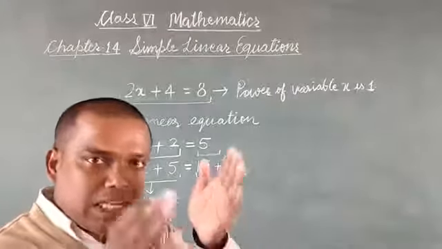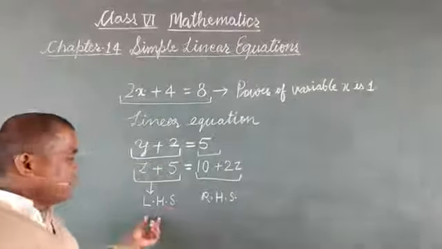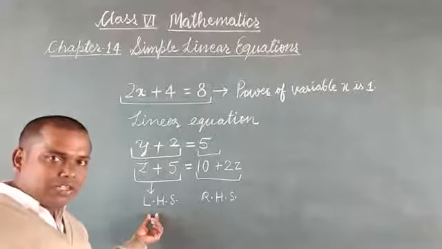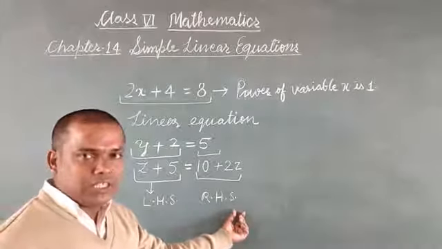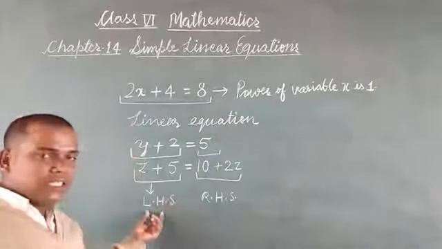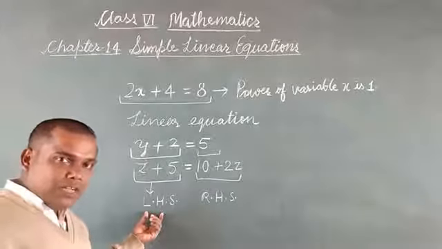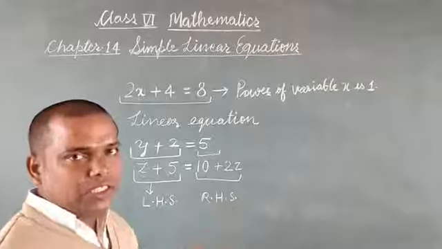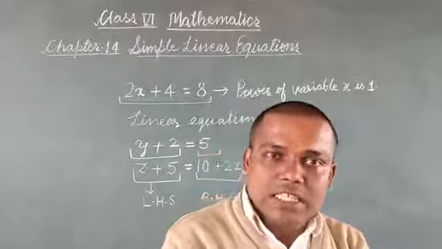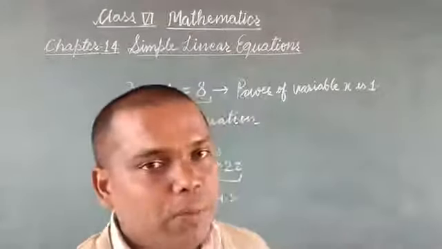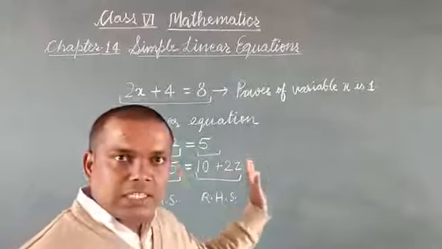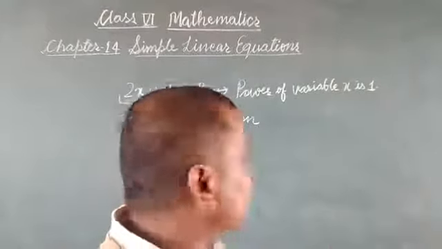The equation remains the same. We can multiply by a number the left side and the right side of an equation. The equation remains the same. We can divide the left side and right side of the equation by the same number, and the equation remains the same. So these four mathematical operations you can do on left and right side. There will be no change in the equation.